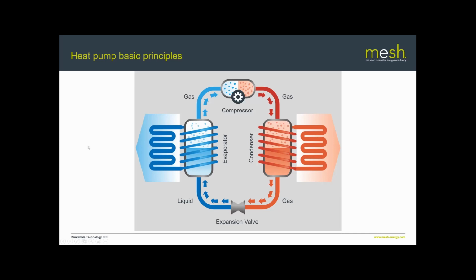In most cases, we'd have something on the outside of the building on this side, and the building would be on this side of the refrigeration cycle. I hope you like my fantastic drawing. You can see why I'm not an artist for a living.